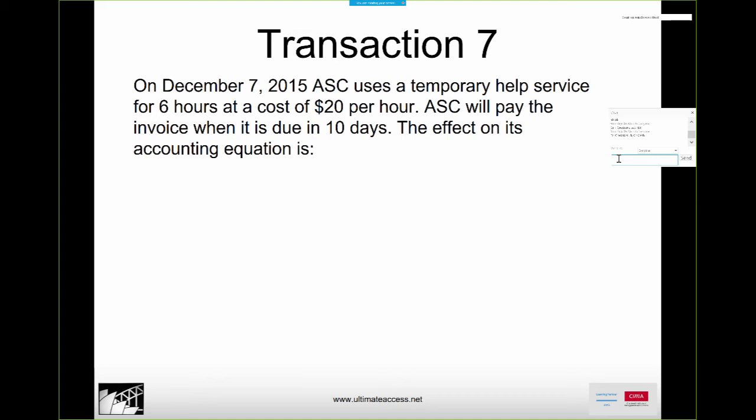Now tell me, is there an impact on our equity account, owner's equity account? Is there an impact? What do you think?